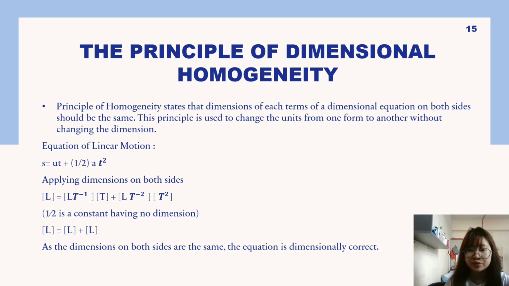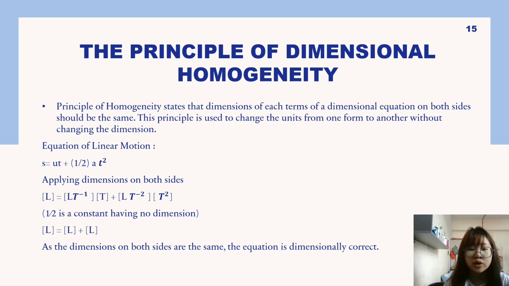Here is an example, represented by the equation of linear motion. It can be written as s equal to u, which is the initial velocity, times t, the time, plus one half, 1 over 2, times acceleration and t squared. So the dimension on both sides will be: s is represented by the dimension of L, equal to L T to the power of negative 1 times T, which is time, plus L T to the power of -2 times T to the power of 2.